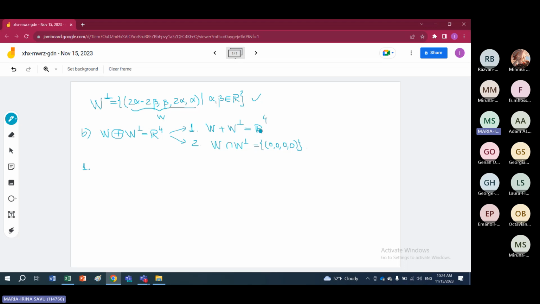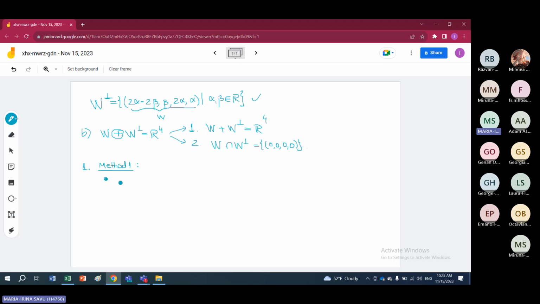So in order to prove that two sets are equal, you have to prove that each set is included in the other set. So method number one consists of proving this double inclusion.